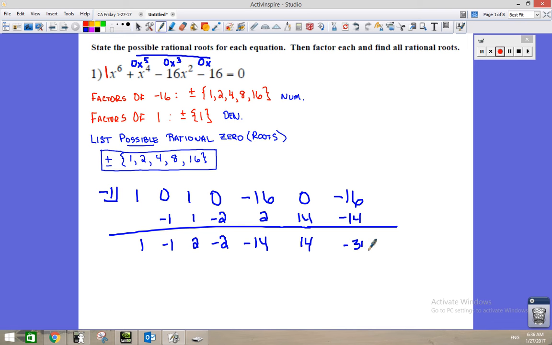So again, I'm not getting 0. So 1 and negative 1 are not zeros of this rational function. They are not roots.